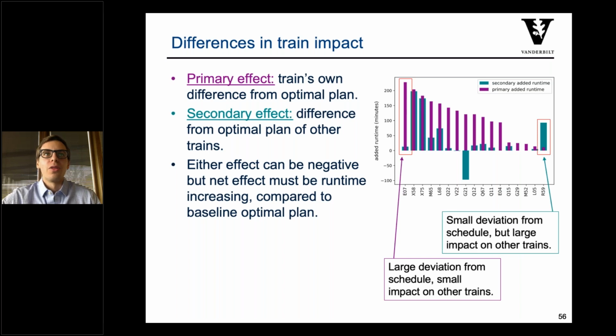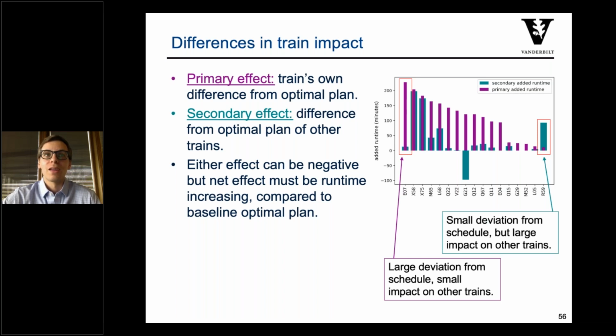Taking the other extreme here, train R59 had a very small amount of primary added runtime, that purple bar, to the tune of about 10 minutes. But the secondary effect that fixing its trajectory had on other trains was quite large, closer to 100 minutes.